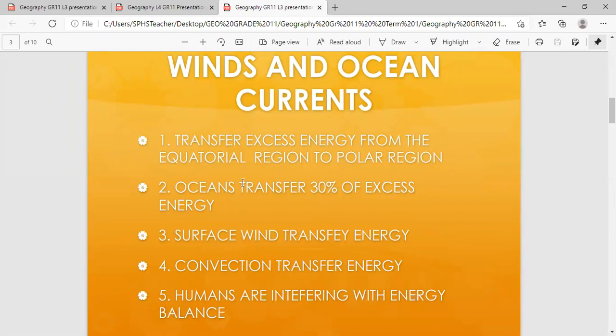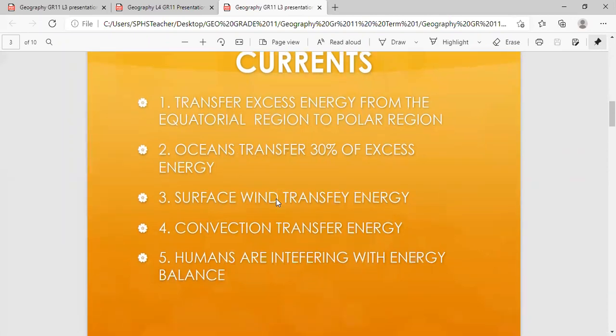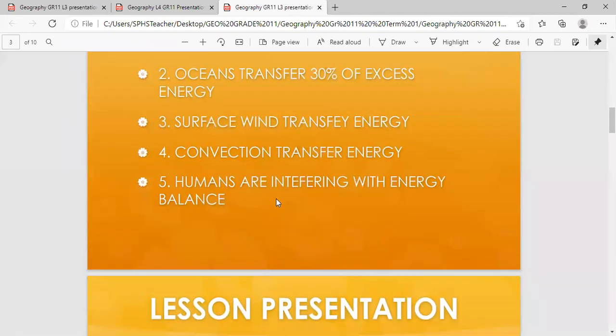So if we're talking about the equatorial region, we're talking about the equator, and polar region, we're talking about the North Pole and the South Pole. Oceans transfer 30% of excess energy. All right, so which means 30% of the heat that is transferred around the world is carried by the ocean. Surface wind transfer energy, and convection transfers energy.